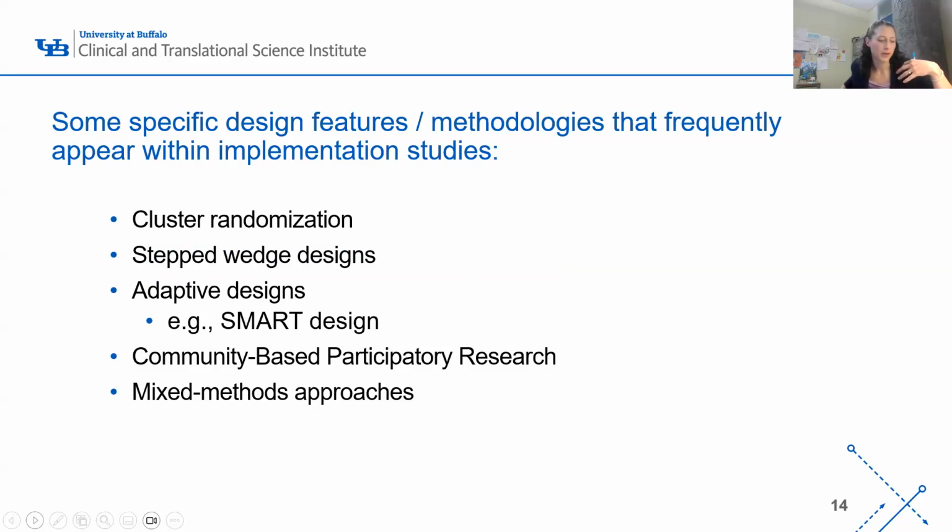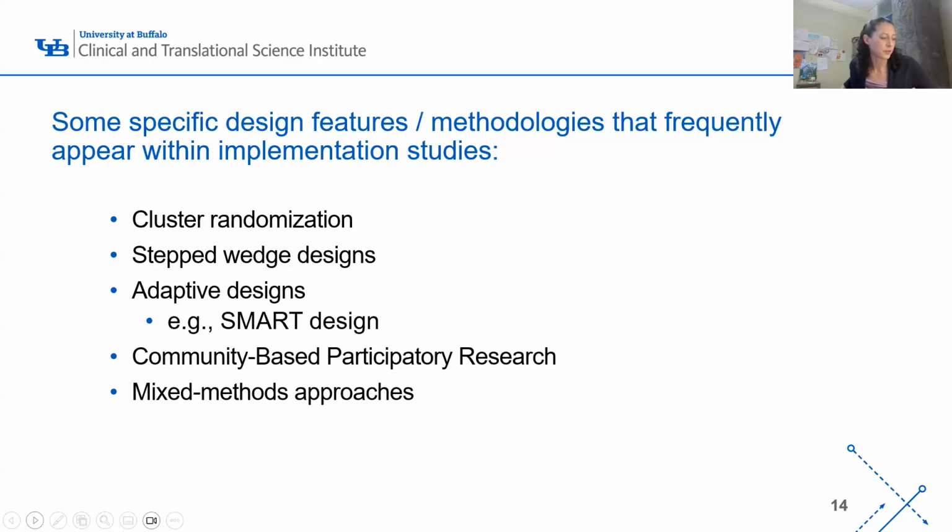But it's important to keep in mind that each of these really require their own expertise and have statistical implications and complexities that we're not going to get into the weeds of today, but just to introduce these concepts so that when you come across them, or you're thinking about a study, you can think about options that might make sense.